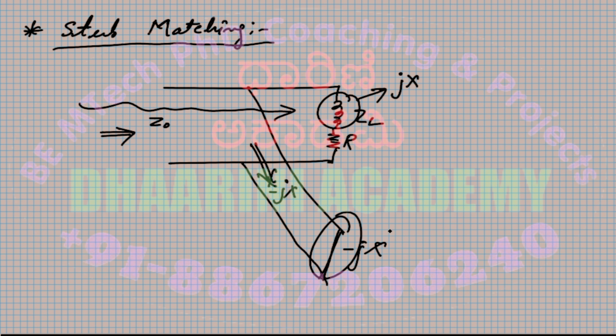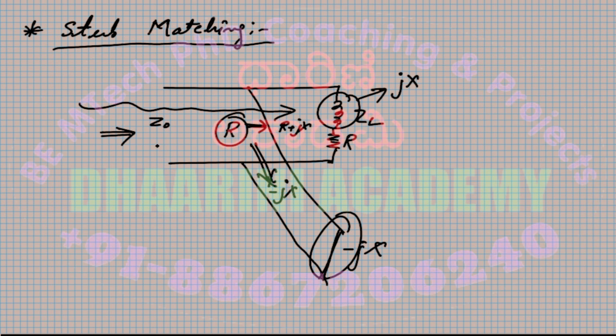Use a short circuit or open circuit, it doesn't matter; it depends on what options we have. We'll see that later. If you look at this side, it looks like R plus jX. Look at this side, it looks like minus jX. I can just add them together so that you simply see an R value. Are you okay with that?